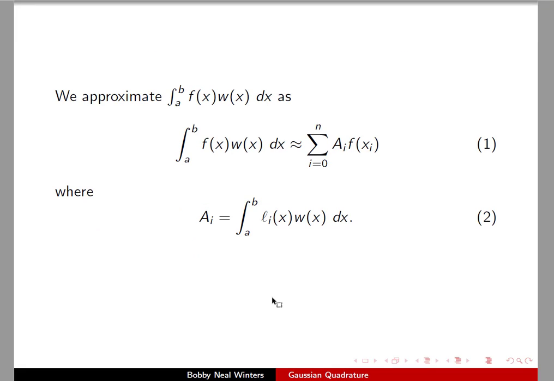So what we're going to be thinking about is approximating this integral of f times w as the integral from a to b of f, which is approximately equal to the sum from i equals 0 to n of a_i times f of x_i, where my a_i will be the integral from a to b of L_i of x times w of x.